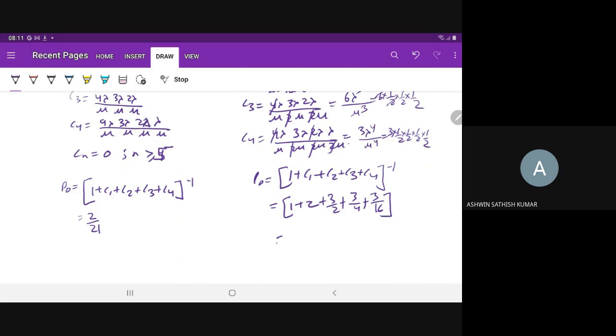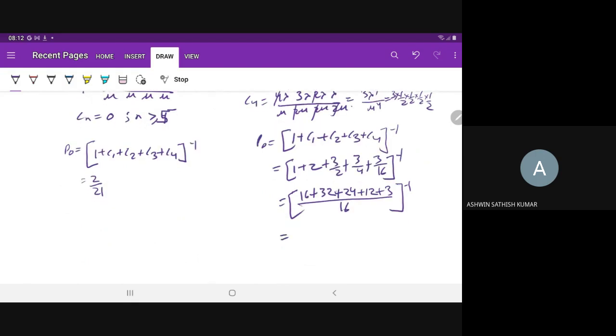So here we have the LCM, inverse. LCM is 16. So 16 plus 32 plus 24 plus 12 plus 3, inverse.